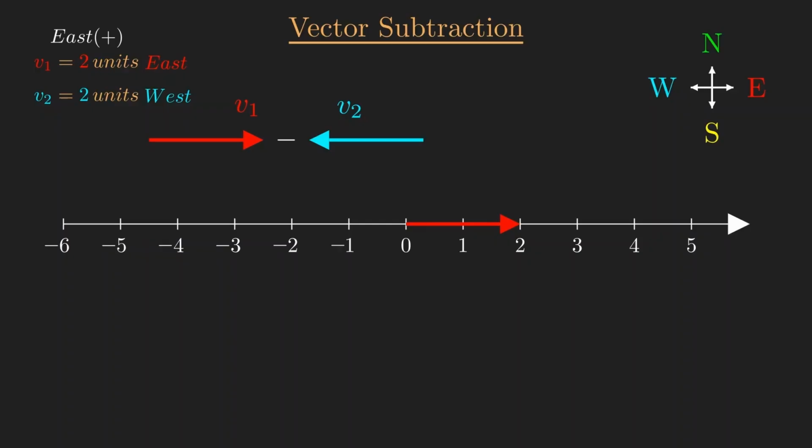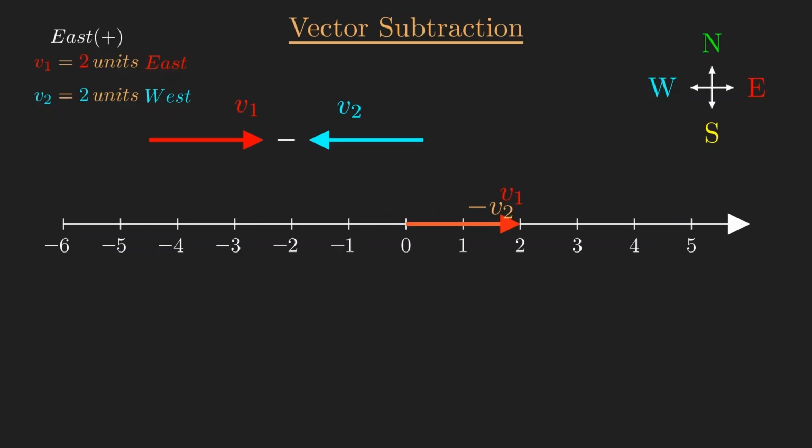In my number line, let me draw V1 from 0 to 2, that's 2 units east. And V2 is 2 units west. Recall that if I subtract V2, that is the same as adding the negative of V2. What will be the negative of V2?